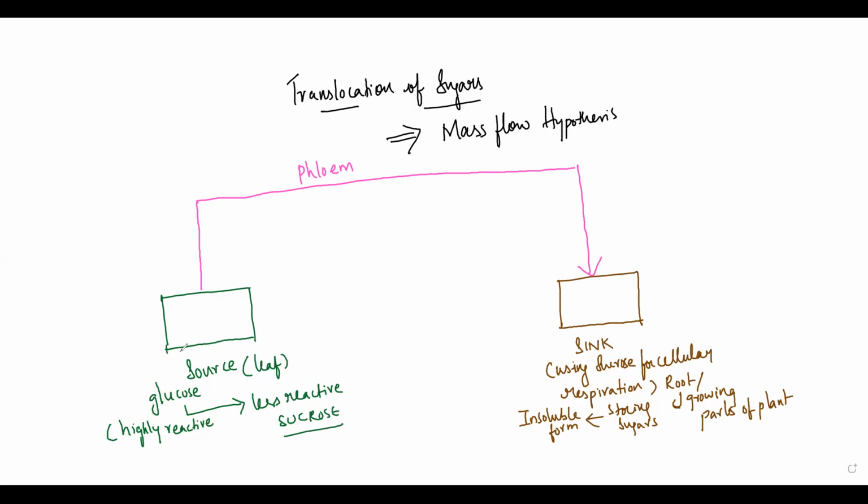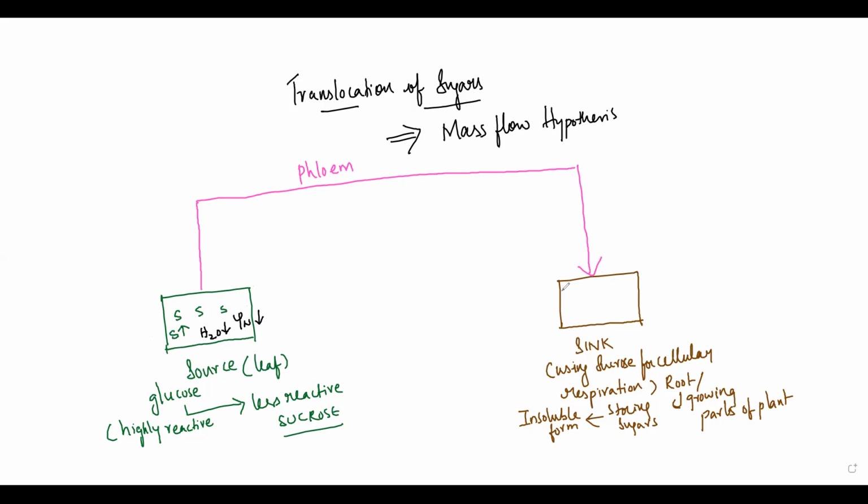So we are going to consider the sucroses here. Since continuously they have been produced here, the sucrose levels are very high, while the water concentration towards the source side will be less, because of which we can consider that the water potential here is also going to be less. Isn't it, children?